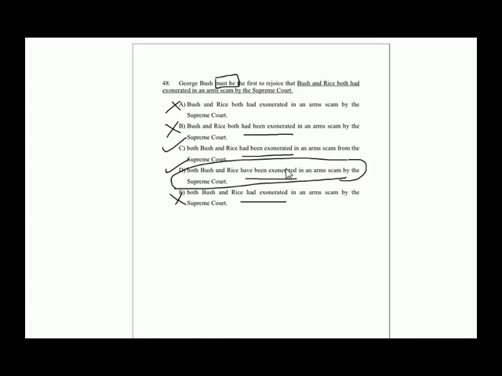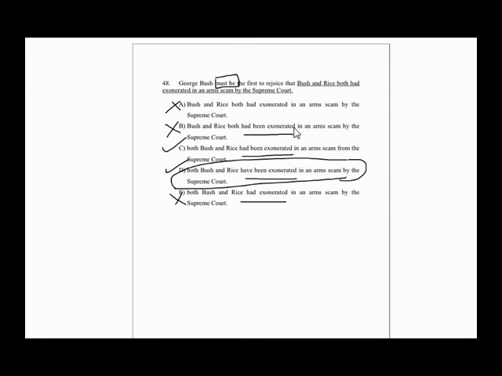So here we've used 3-level elimination. At the first instance we got this usage of the word "exonerated," and we knew that you have to be exonerated by somebody, by some entity, and as the sentence stands, it seems to be indicating that Bush and Rice had exonerated somebody else, which is completely wrong.